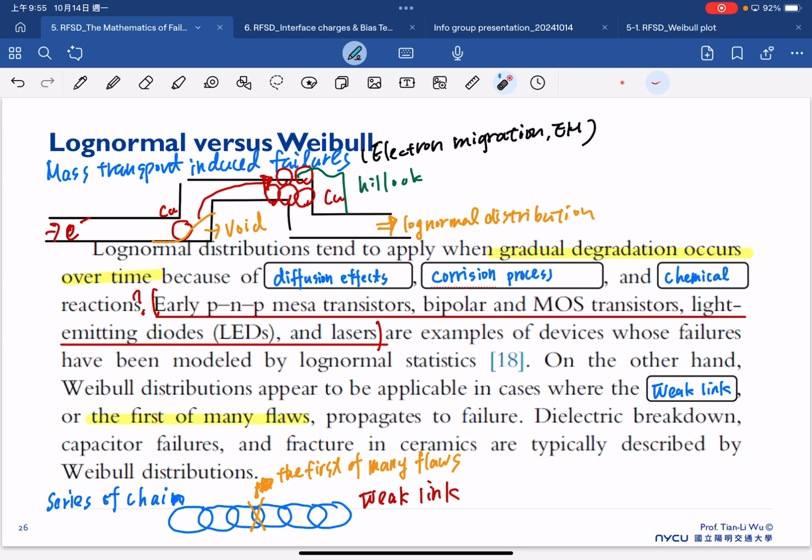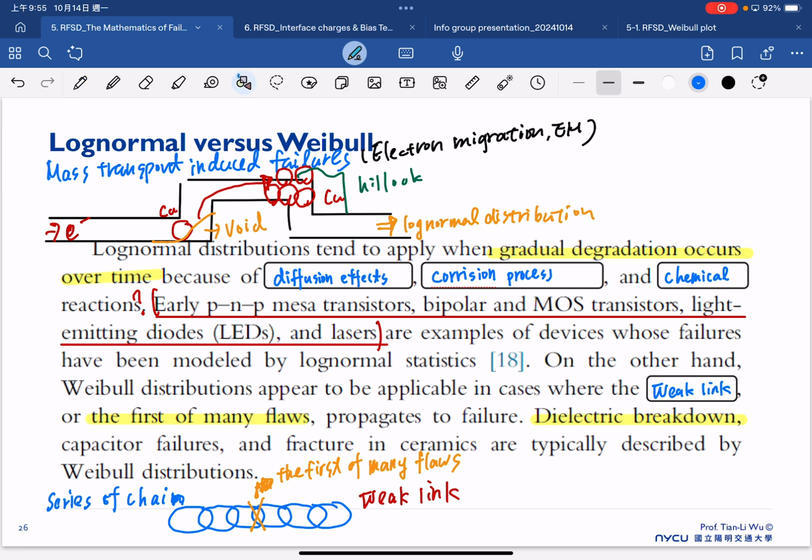So in the case of the Weibull distribution, the most well-known reliability case where we can use it is dielectric breakdown here. This is because when we consider dielectric breakdown, we can also consider it a case of a weak link. So how do we use this concept to understand semiconductor reliability, especially in the case of dielectric breakdown?